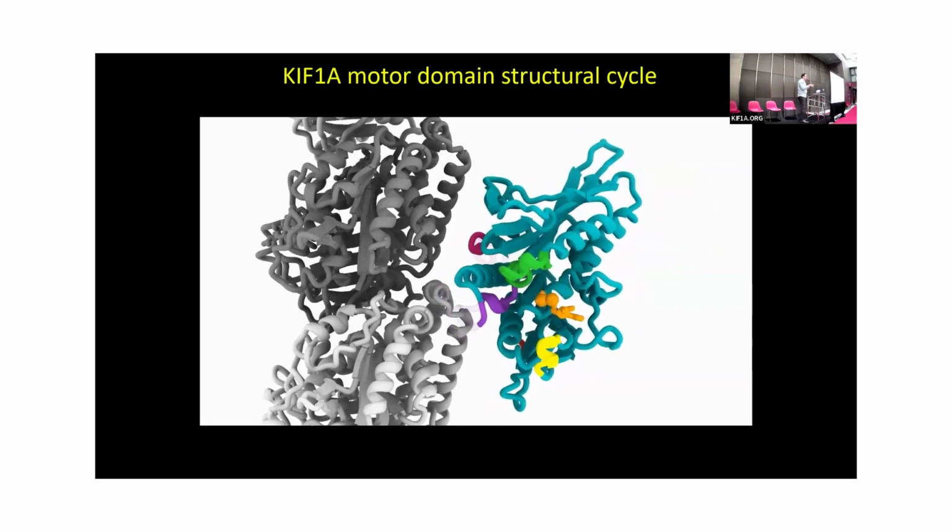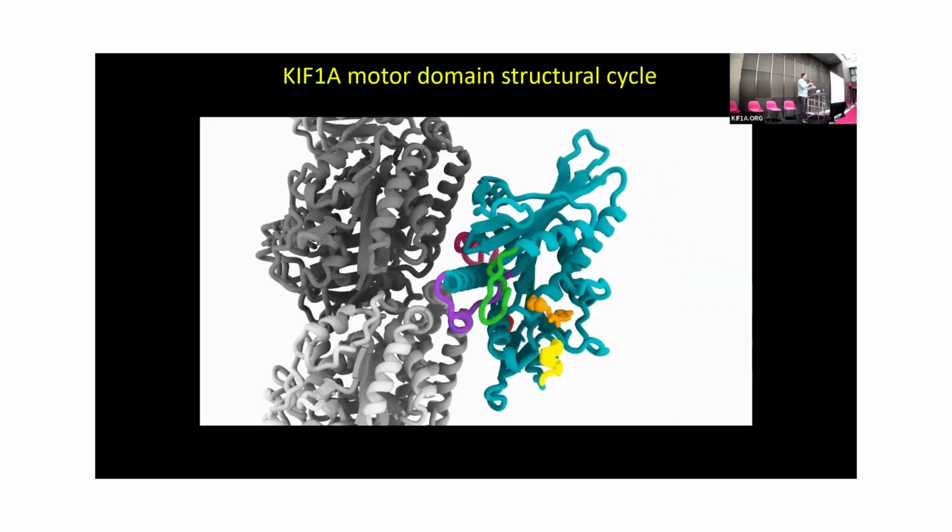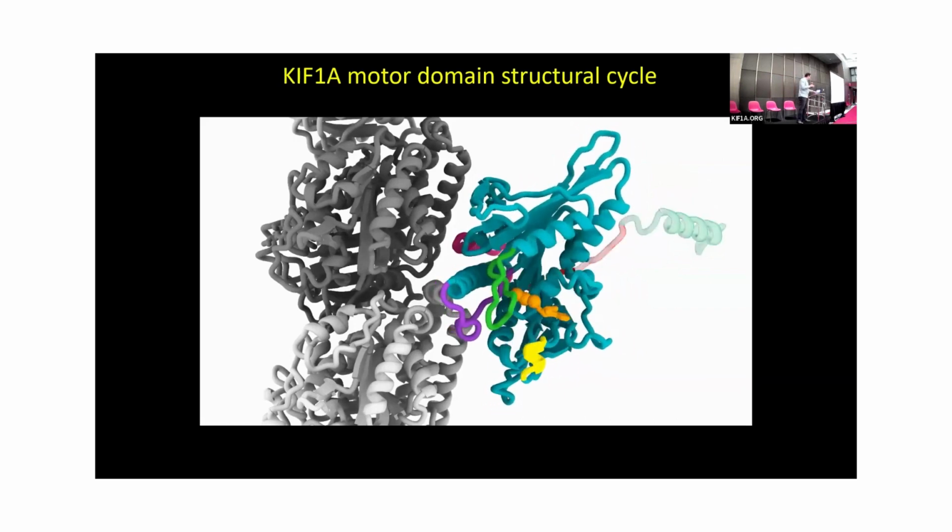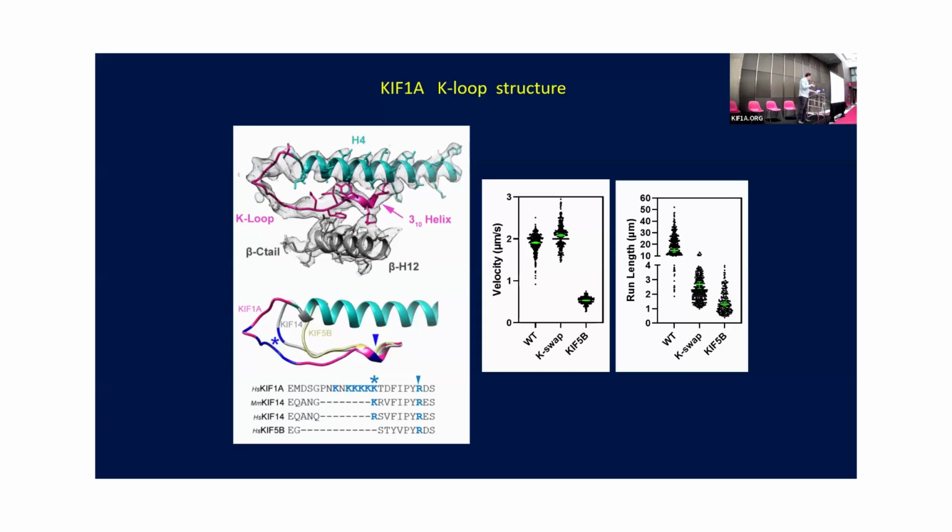So all this structure gives the base to try to understand now what happens when you have a mutation. What does it change? We also resolved, I mentioned before, one of the characteristics of this kinesin is that it has what is called the K loop.